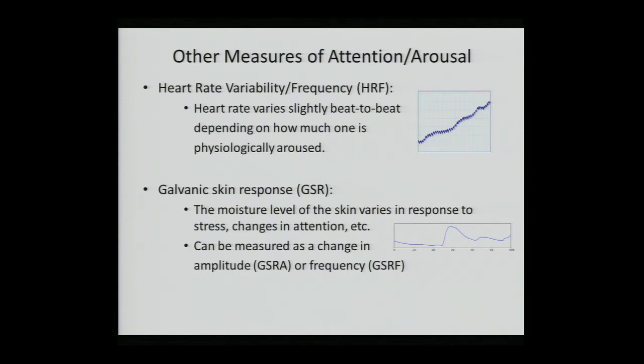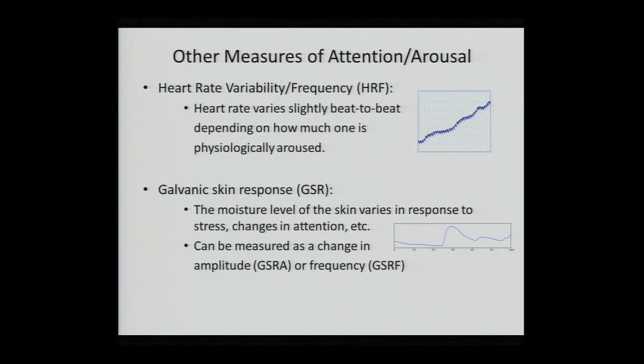Because we didn't want to rely on one measure, we also brought in two other measures: heart rate frequency and galvanic skin response. Broadly speaking, your heart rate differs a little across time when you're more attentive. Galvanic skin response is a measure of the moisture level on your skin, and it is generally found to increase when you're anxious, such as right now, but it also shows responses when you're more attentive.